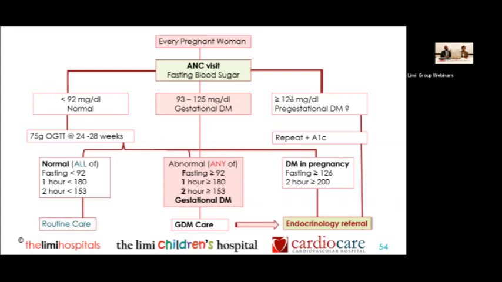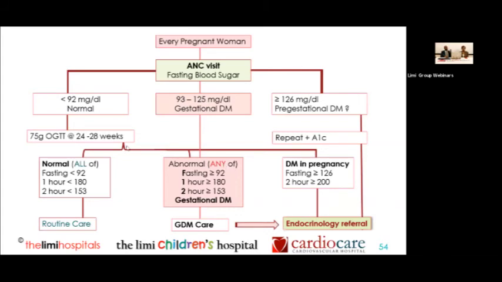For people who have a fasting of greater than 126 in early pregnancy, that meets the criteria for diagnosing diabetes already, and it should be treated as overt diabetes in pregnancy. Ideally you should repeat as you do outside pregnancy and get an A1C for people who meet the criteria for diabetes diagnosis.